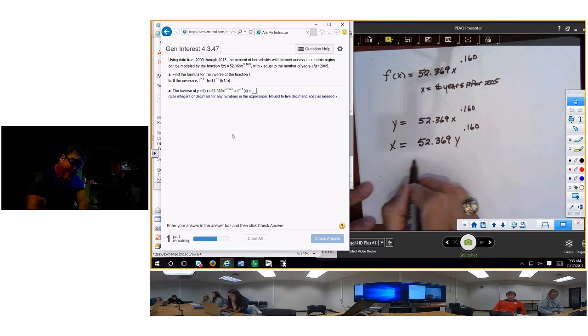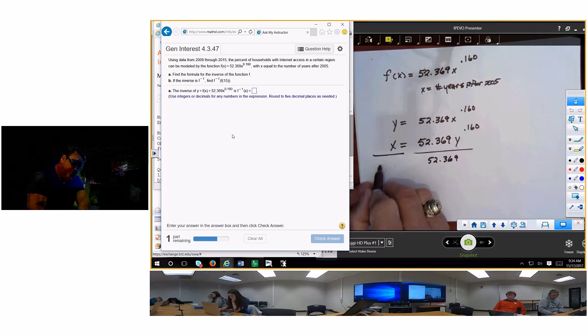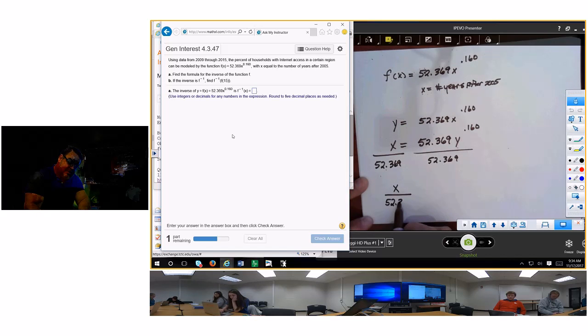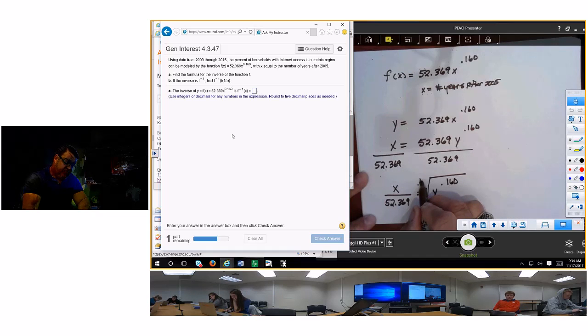All right, divide by 52.369. That's going to be x over 52.369 is equal to y to the 0.160th power. Now what happens if you want to get rid of a square? You take the square root. And if you want to get rid of the 0.160th power, you take the 0.160th root.